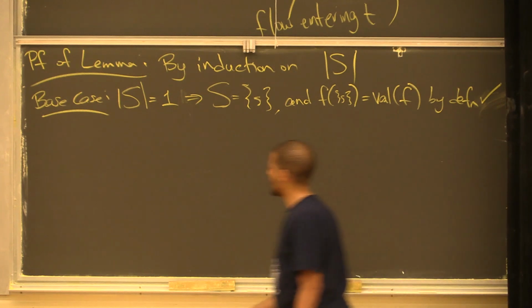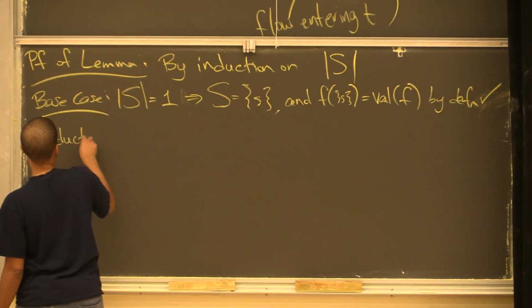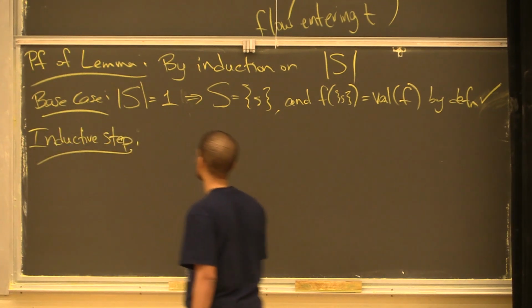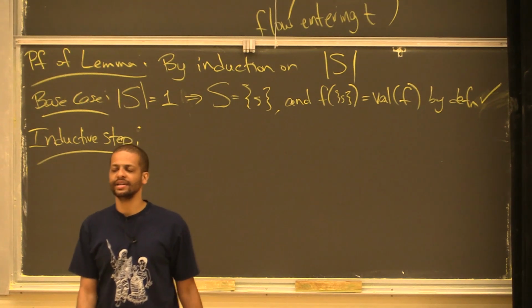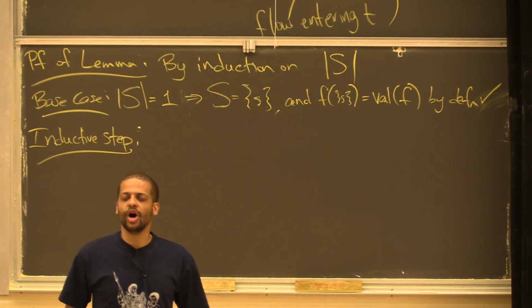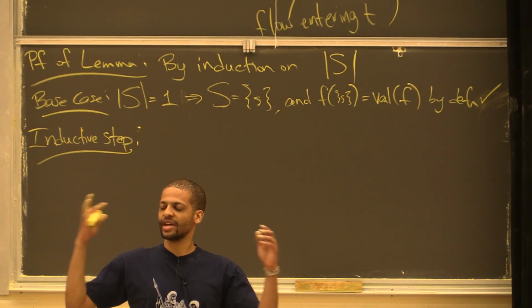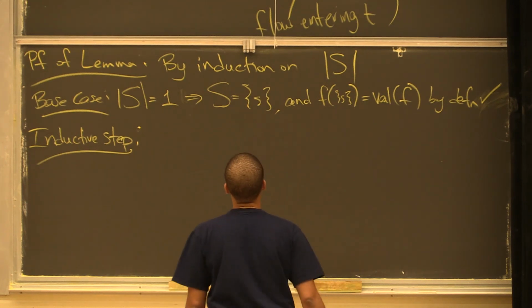How about the inductive step? Okay. So let's suppose that it holds for all capital S's of size up to k, and now we're trying to show that it holds for some capital S of size k plus 1. So let's draw a picture.